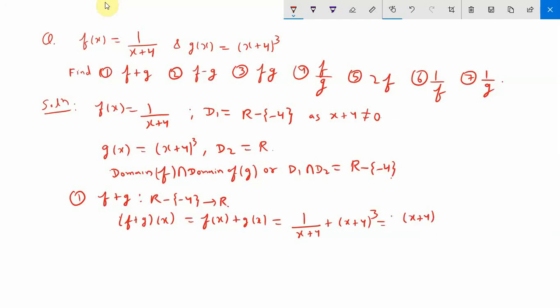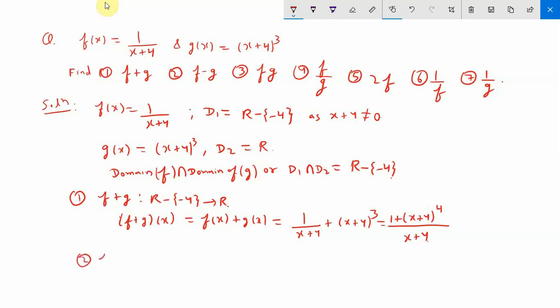So this one will be 1 plus (x plus 4) to the power 4 divided by (x plus 4), okay, with a domain R minus {minus 4}, and range will be R.